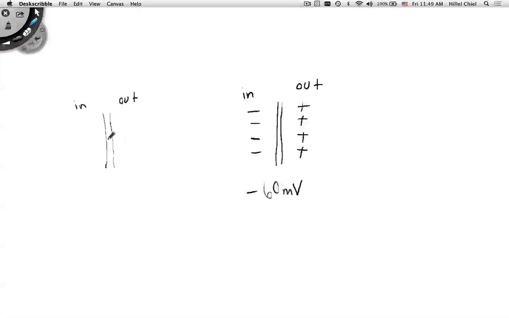Okay, so let's start off simple. Let's start just removing all of them. Right, so here we don't have any negatives or any positives. This looks very familiar. Yeah, what would be a situation in which this would happen? Let's say you had concentrations of all the ions equal on both sides. Equilibrium. And you have an equilibrium, and what would be the potential of that equilibrium?